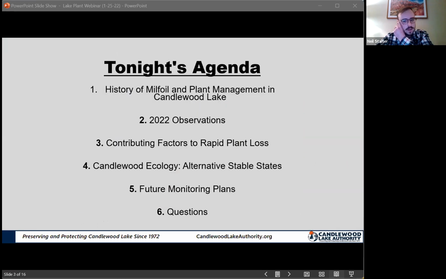Okay, so quickly, we'll just go over the agenda for the presentation. We're going to start by giving a brief history of milfoil and plant management in Candlewood. We'll talk about the historic plant issues that we've had, and the steps the CLA and other lake stakeholders have taken to try to manage those issues. We'll go over a quick timeline of what we actually saw this year in 2022, followed by an in-depth discussion of some of the factors that probably contributed to the plant loss, and how we know that they likely had an impact.